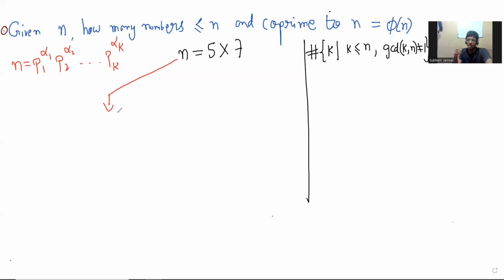Let's not break it further now, let's just do it in this case first. In this case it's easy to break. If the GCD is not 1, it means that k has to at least be a multiple of 5 or a multiple of 7.